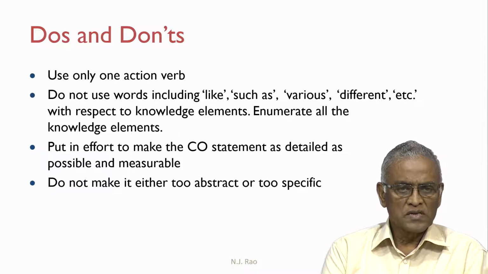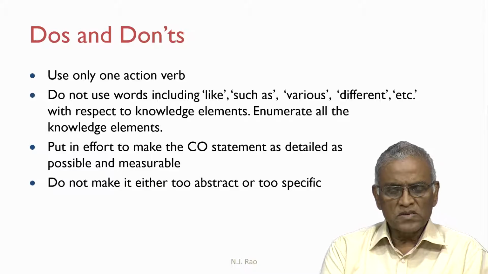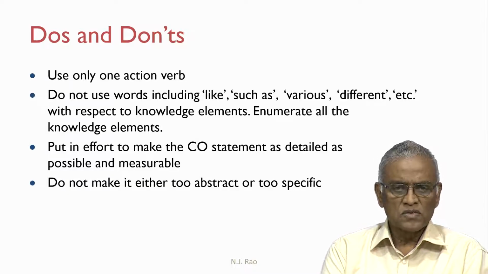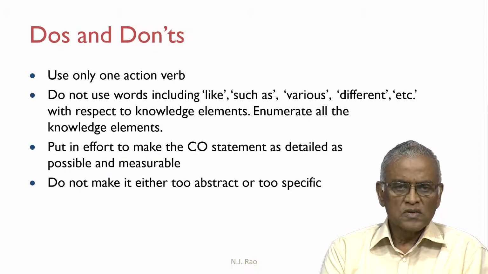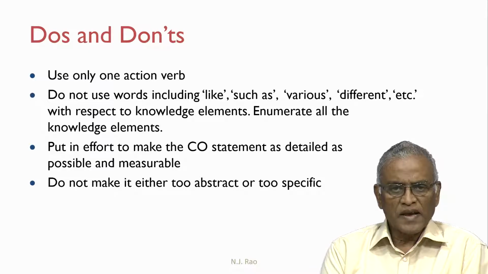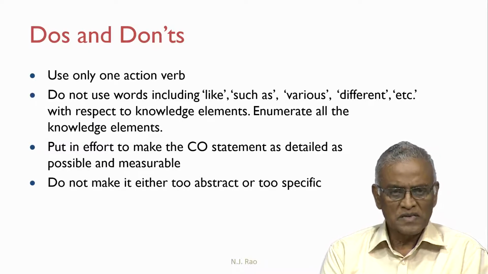Enumerate all the knowledge elements. As teachers we are quite used to using, or we inadvertently use, the words various, different, like we say different aspects or various aspects, and we give some examples and say such as.